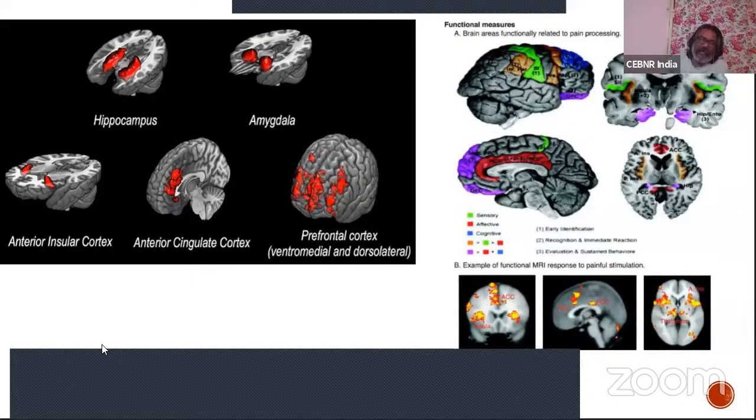When they did fMRI, you can see the areas which are lighting up are the hippocampus, amygdala, the insular cortex, the cingulate cortex, the prefrontal cortex. All these areas do light up when you have pain. This is the emotional experience you have.